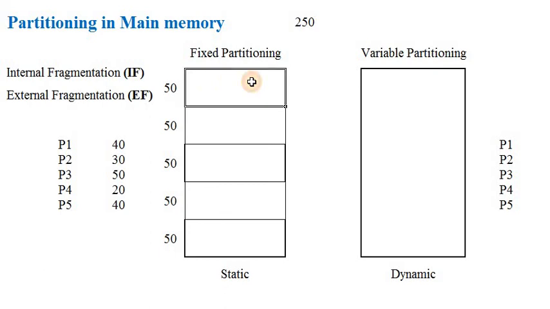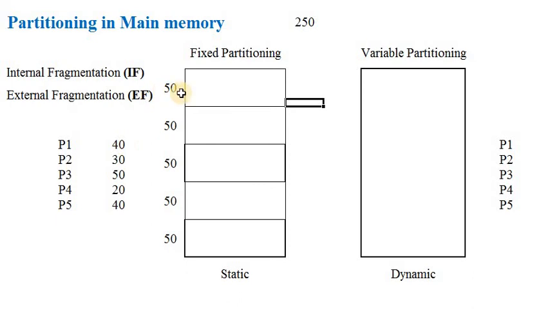Before allocating any process, we need to check one condition: the size of the process should be less than the size of the partition available here. What is the size of the partition here? 50. Is the process size 40 less than the partition size 50? Yes, 40 is less than 50.